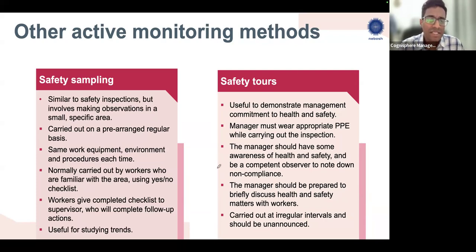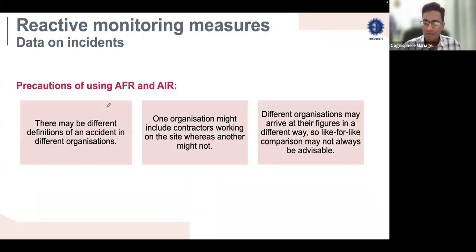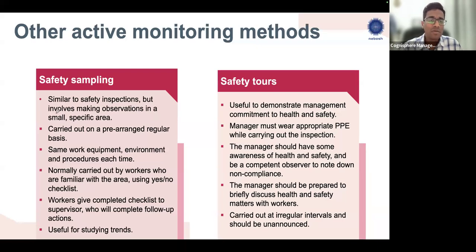Okay, safety sampling is similar to safety inspections, but involves making observations in a small specific area, carried out on a pre-arranged regular basis, and covering the same work equipment, environment and procedures each time.